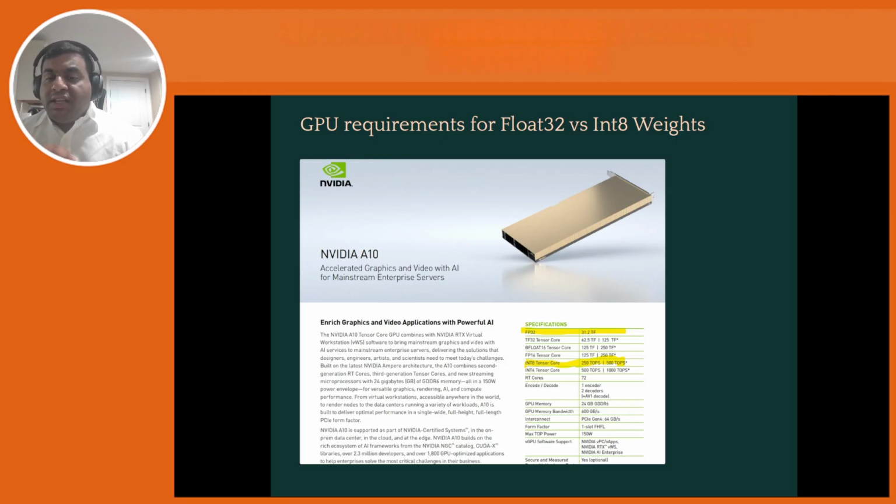Why is quantization, especially to integer formats like int8, so effective? This is the spec sheet for the NVIDIA A10 GPU, which illustrates it well. Look at the performance figure for standard 32-bit floating point operations. It achieves about 31 teraflops. But for 8-bit integer operations, it jumps to 250 tera operations per second, or even 500 if sparsity is leveraged.